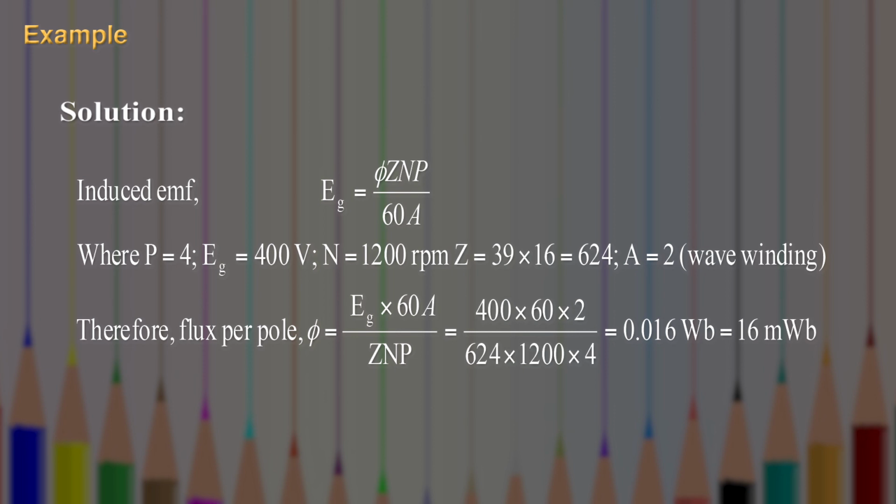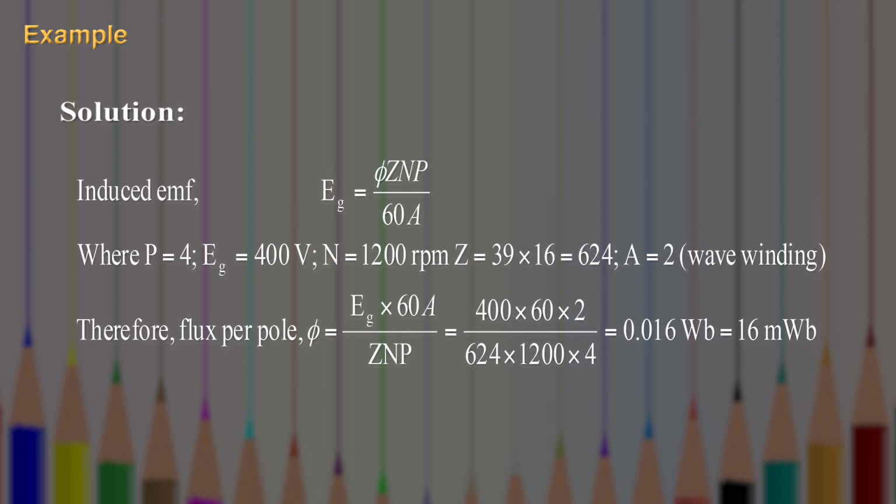Total number of armature conductors is 39 into 16, which equals 624. And number of parallel paths is equal to 2 because the winding is a wave winding. So by this formula you can also calculate the flux per pole.